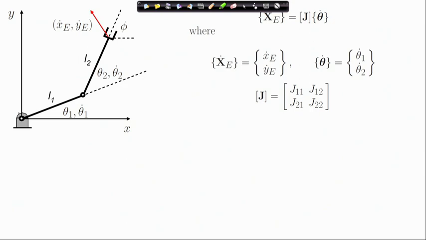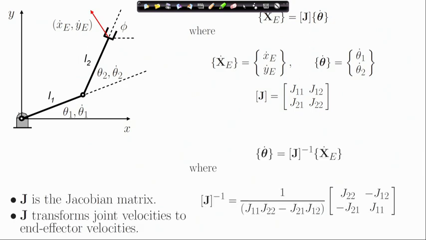Then we ask the question, how to determine the joint velocities given the end effector velocity vector. Now, this as you know is configuration dependent, the Jacobian is configuration dependent. So, the inverse is also configuration dependent.